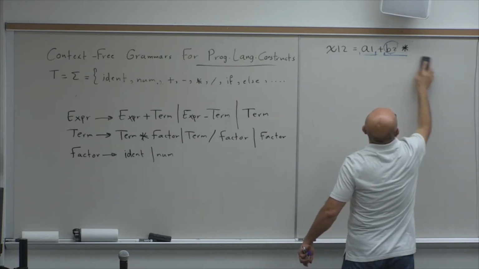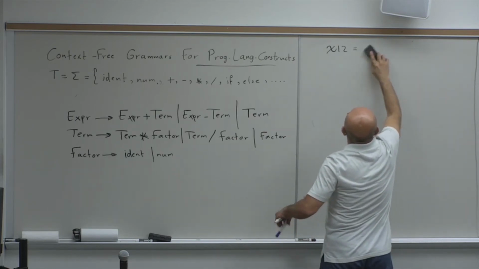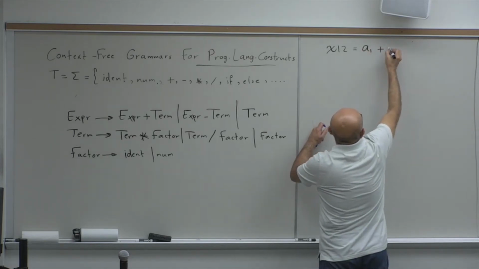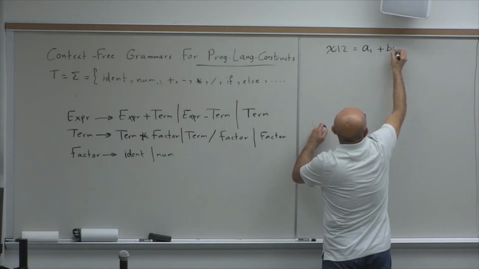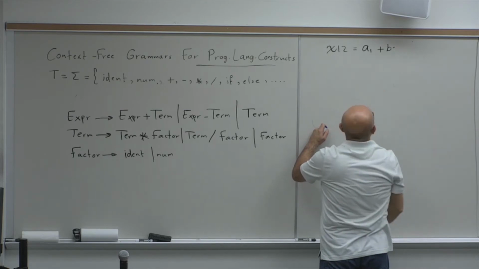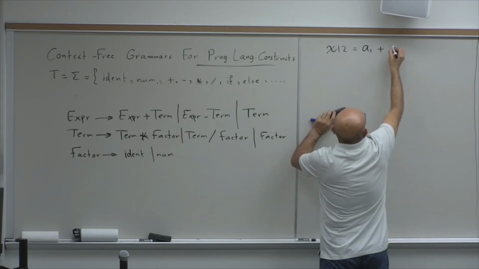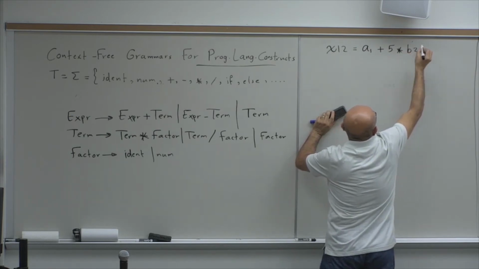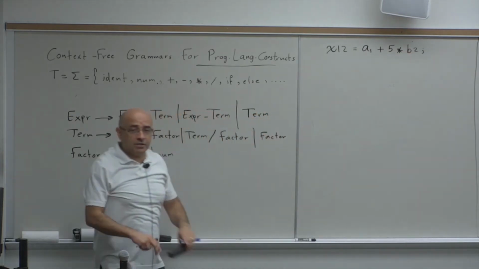Let's just change this C3 into, okay, A1 plus, let's say, 5 times B2. Let's do the derivation for this.